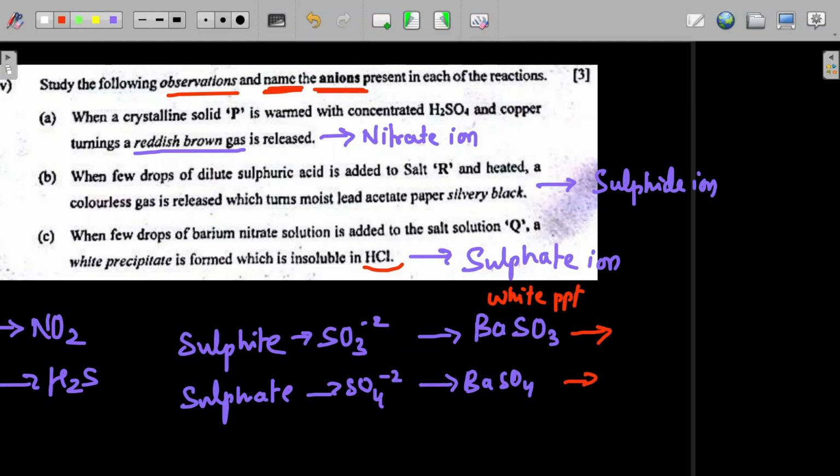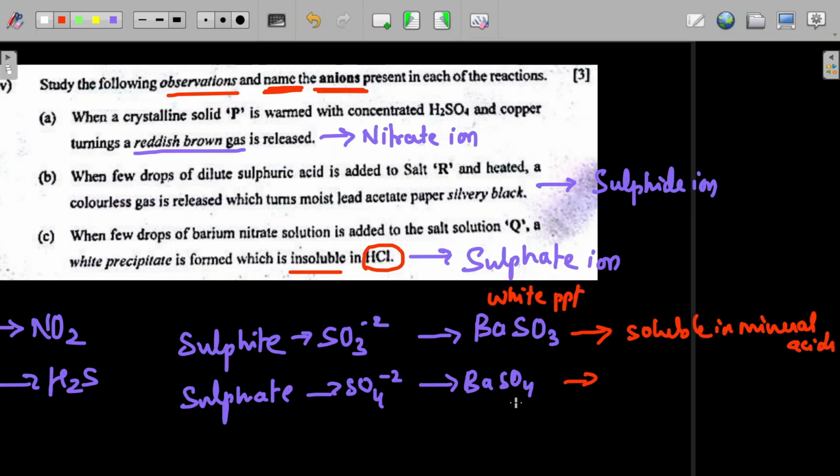But when you treat it with HCl or any other mineral acids like H2SO4 or HNO3, what we know is that metal sulfites will react with acids, correct? They will give you salt, water, and SO2 gas. Meaning they do not remain insoluble. They dissolve, meaning they react. So they are soluble in mineral acids.